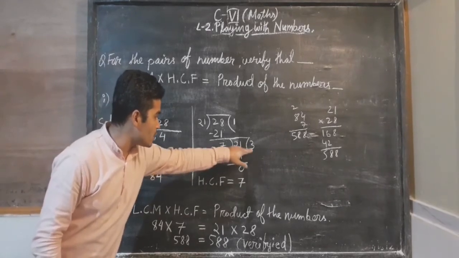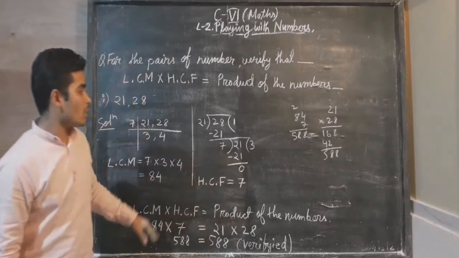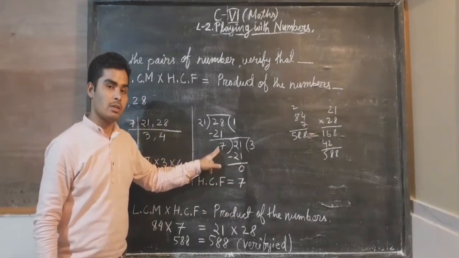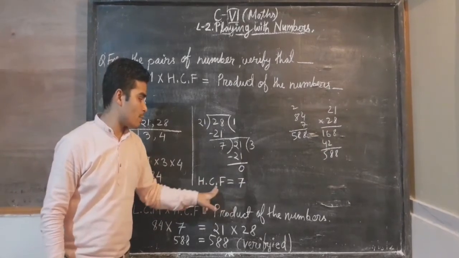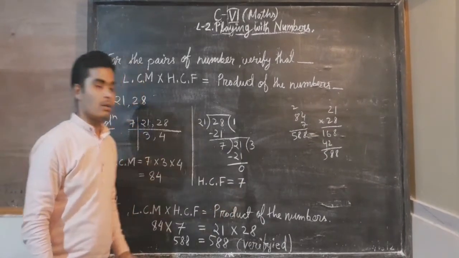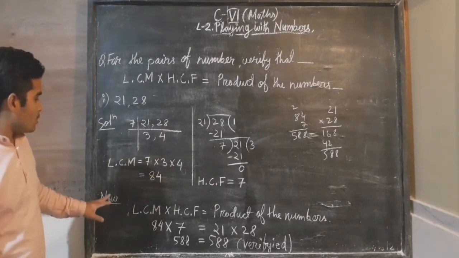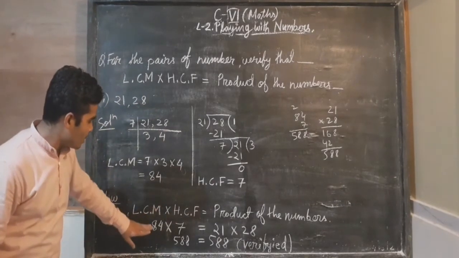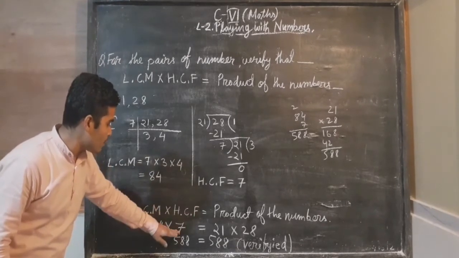Then you get 7 3s are 21, and the remainder is 0. So the last divisor is the HCF of the given numbers. So the HCF will be 7.